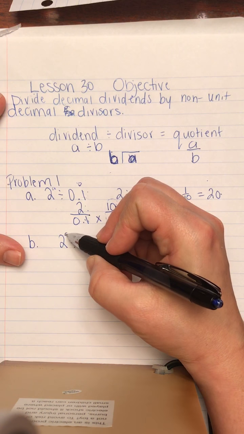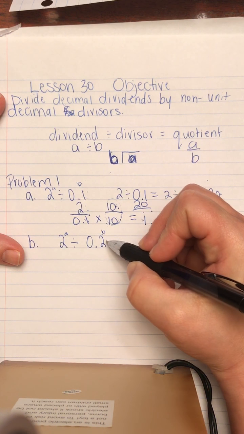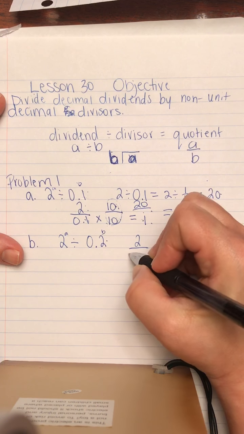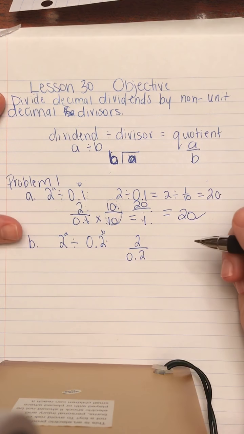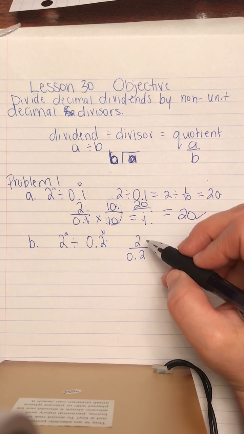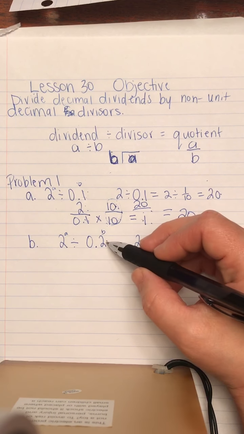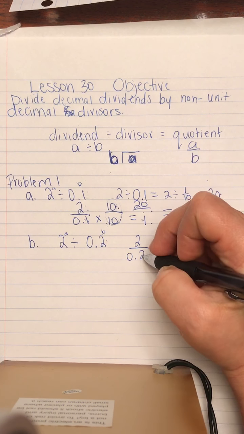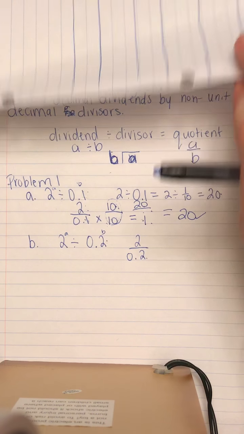So I can again label this A, label this B. I can come back up to my notes. A goes on top and B goes on the bottom. All right, I would like to get rid of this decimal down here on the bottom. Whoops, sorry, I'm looking through my camera and trying to look around. So I would like to get rid of that decimal by making that a whole number.